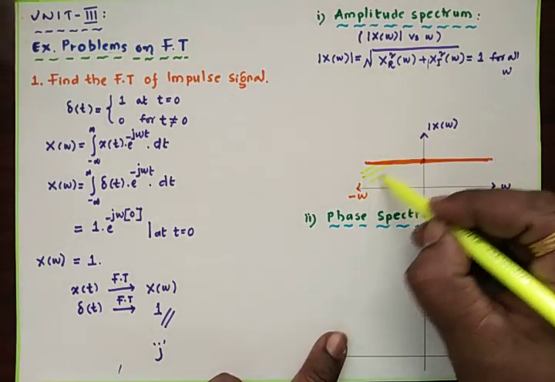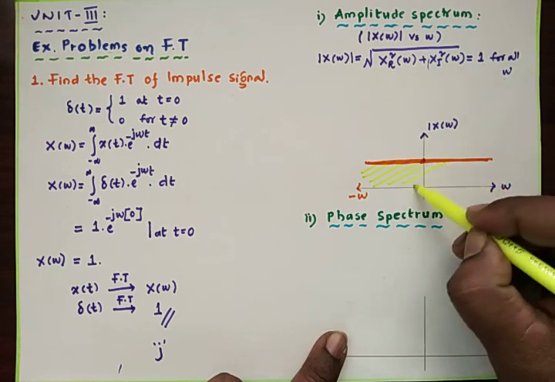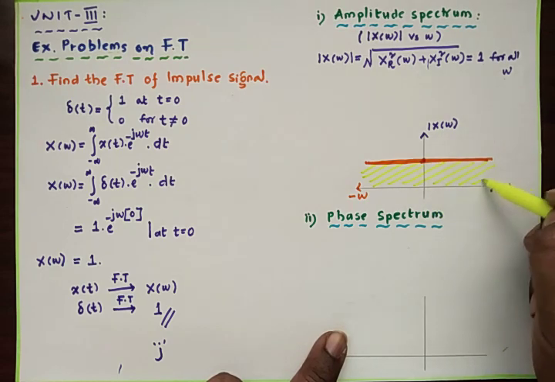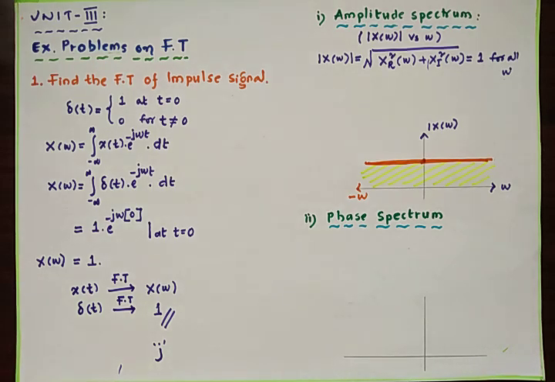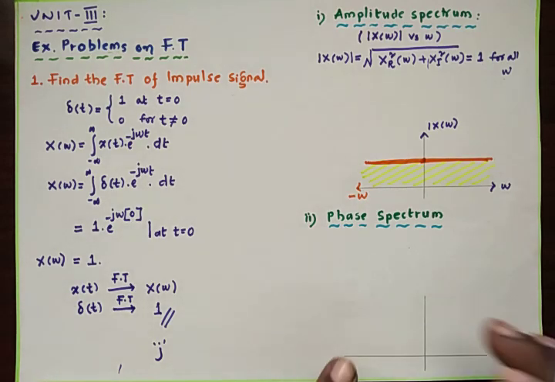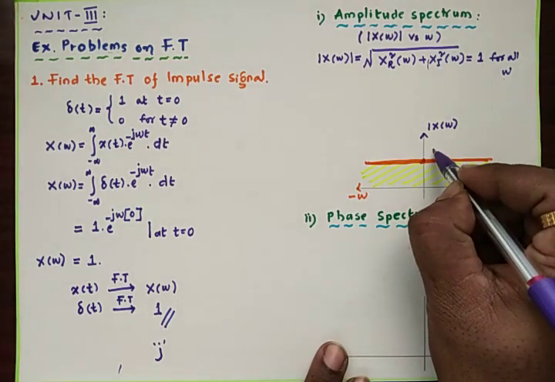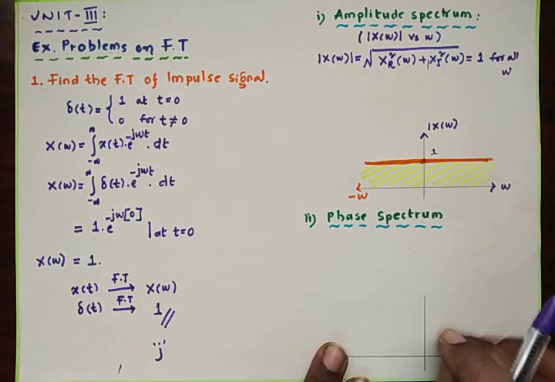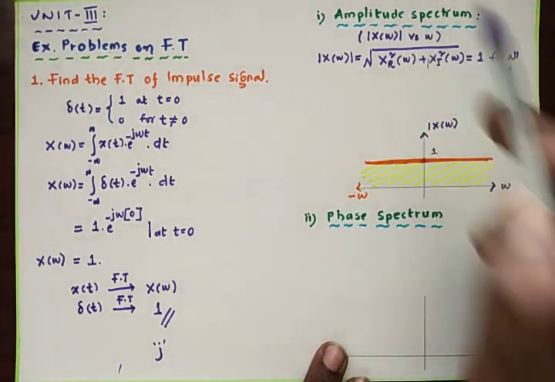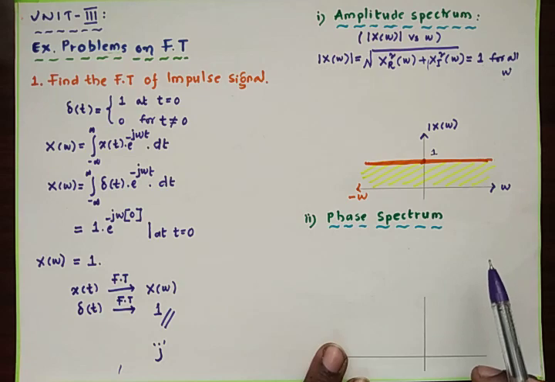This is the amplitude spectrum of the unit impulse signal when we apply the Fourier transform, having a magnitude of 1 for all the values of omega, so it is called the amplitude spectrum or the magnitude spectrum.